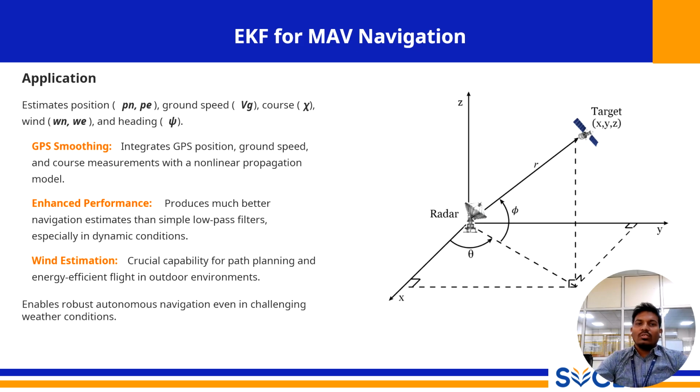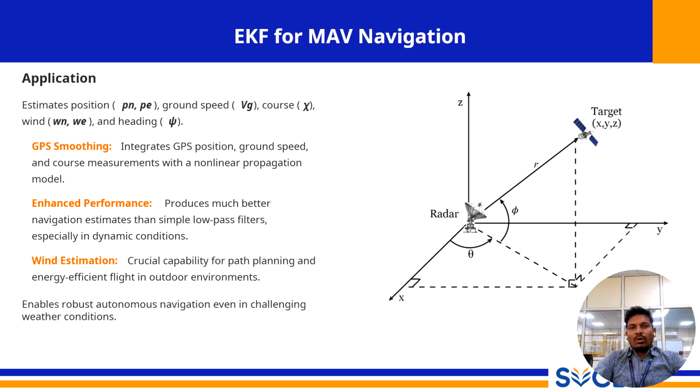However, in between these relatively slow GPS updates, the filter uses its internal physics model, driven by high frequency data from inertial sensors, to propagate the state estimate forward in time. This process fills in the gaps between GPS readings and filters out the noise, resulting in a smooth, high rate navigation solution.